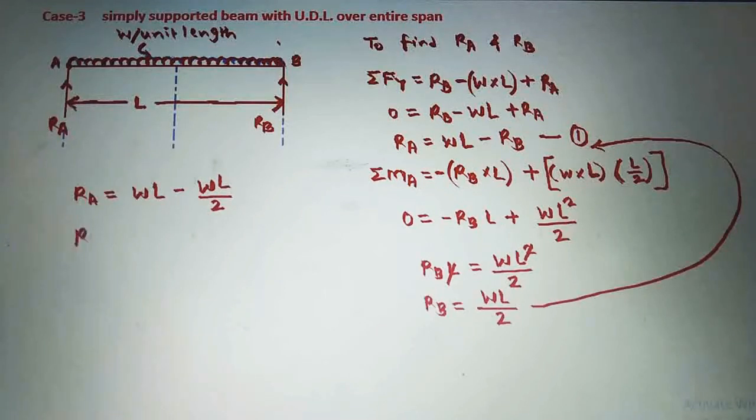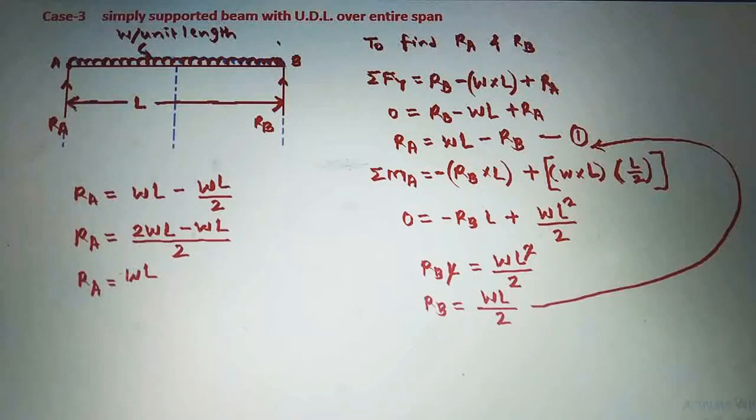Next we will write here RA is equal to 2W into L minus W into L divided by 2. Then we will write RA is equal to 2WL minus WL divided by 2.